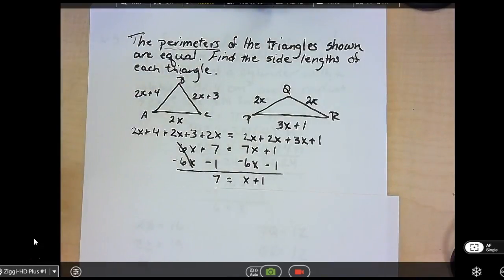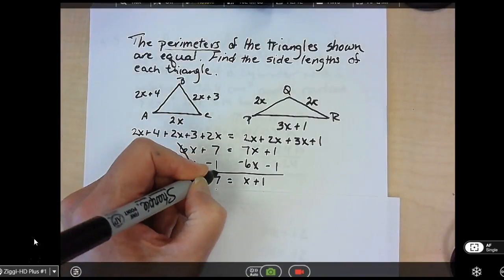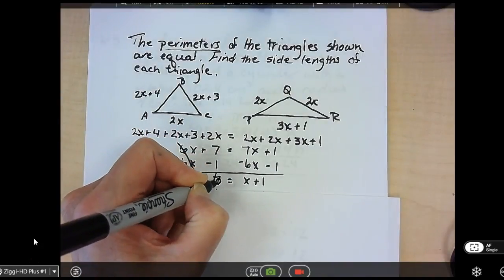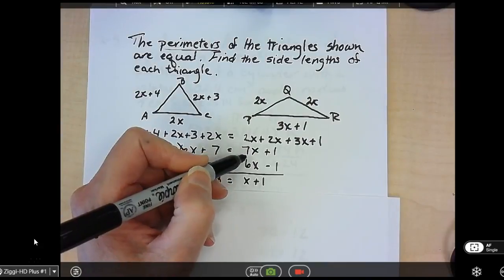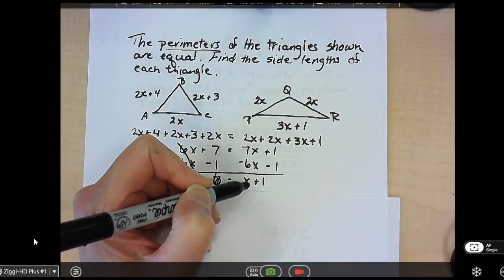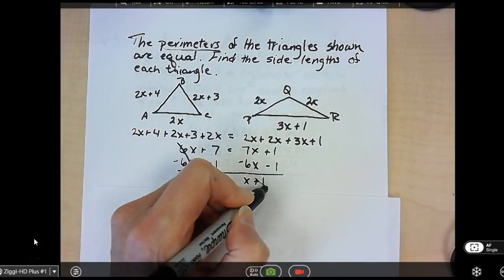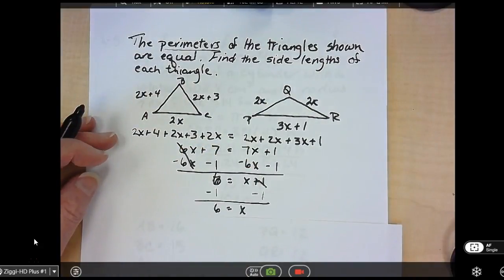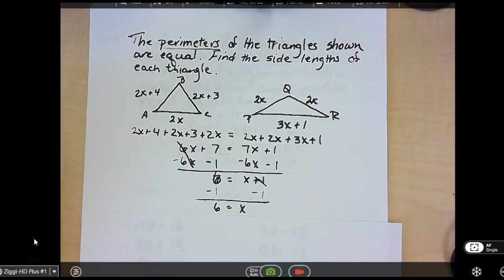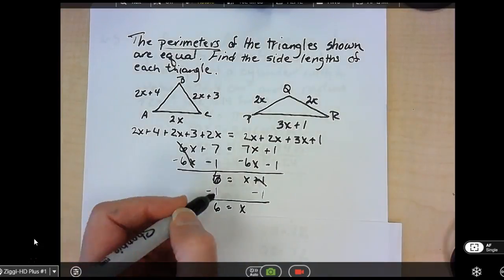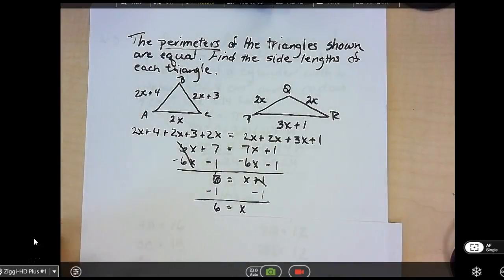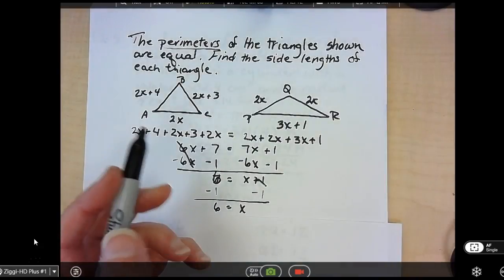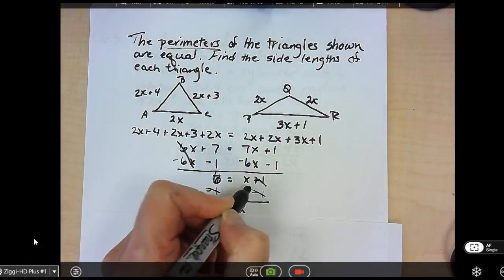So 7 minus 1 is 6. 7x minus 6x is 1x. And the 1's canceled. So my 6 equals x.